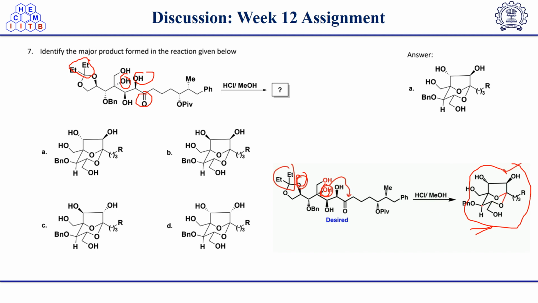This is 1, 2, 3. So these two hydroxyl groups are protecting that particular ketone as this ketal, and we will be getting this product. So the correct answer is option A. It is 1,3 protection and this deprotection as well in the same pot.